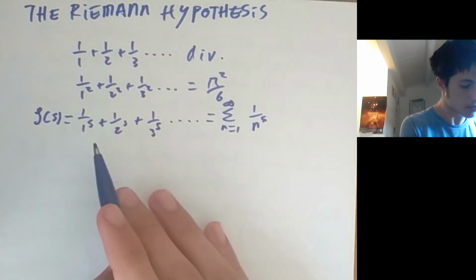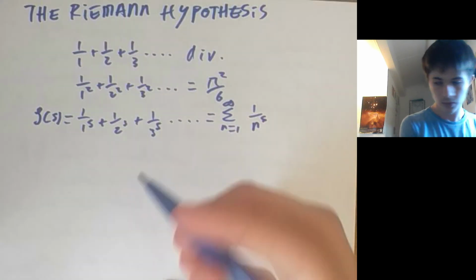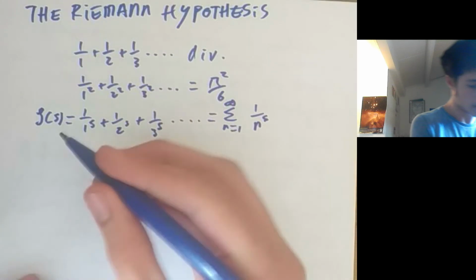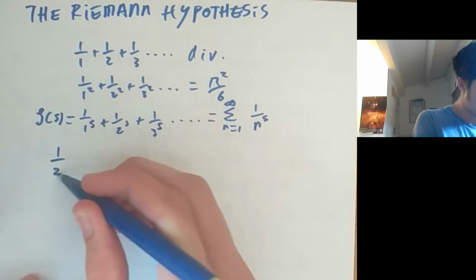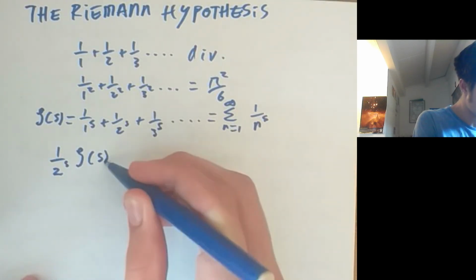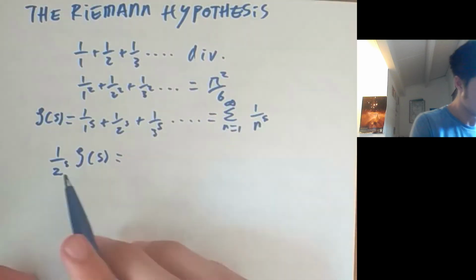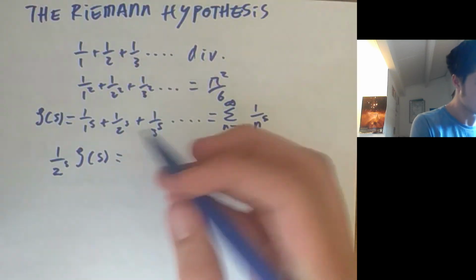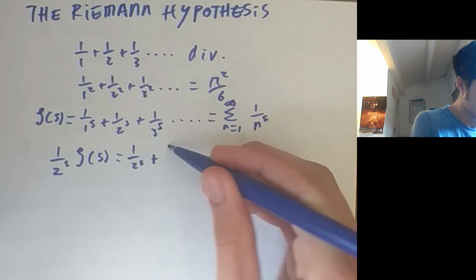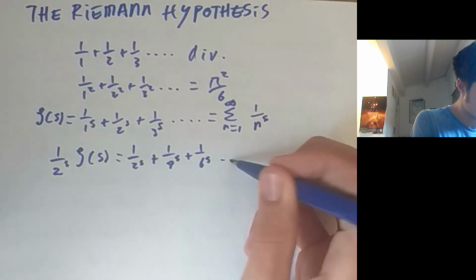Here we've got all of these terms, but if we multiply zeta of s by 1 over 2 to the s, then we see that we get 1 over 2 to the s plus 1 over 4 to the s plus 1 over 6 to the s, etc.